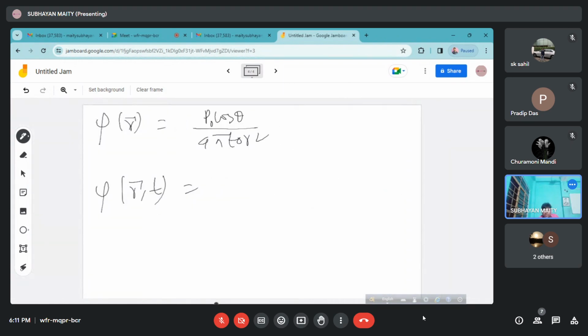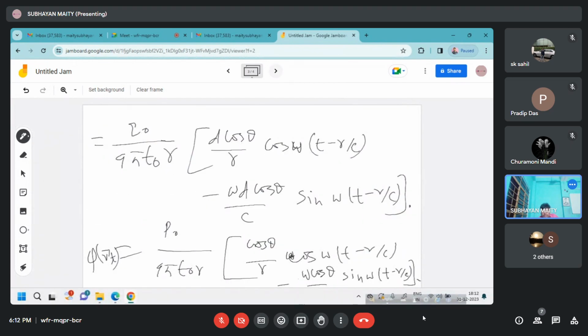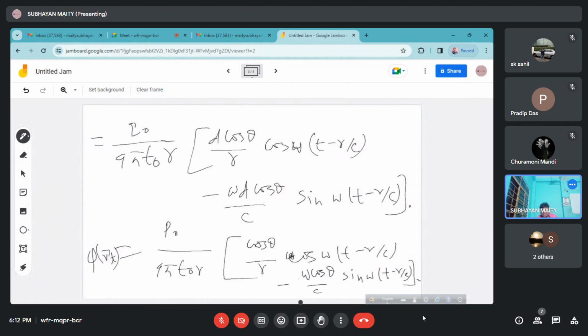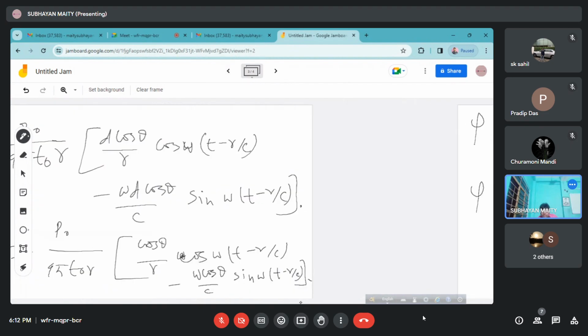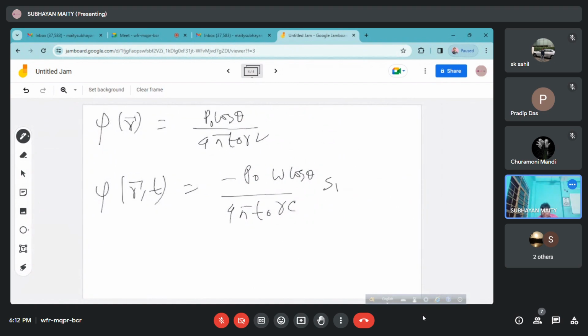So minus p naught by 4 pi epsilon naught r c, then minus p naught by 4 pi epsilon naught, omega cos theta, sin omega t minus r by c.